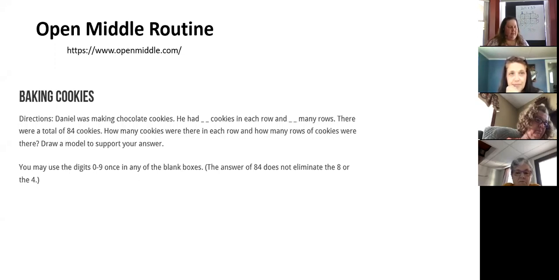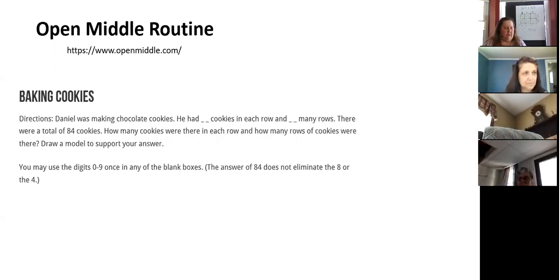You can print these problems as a worksheet where they could put in these pieces. But they have these little tiny cards, and you can see in my picture they're all little cards. So kids can play around with these cards on the table in front of them and keep trying the problem out.